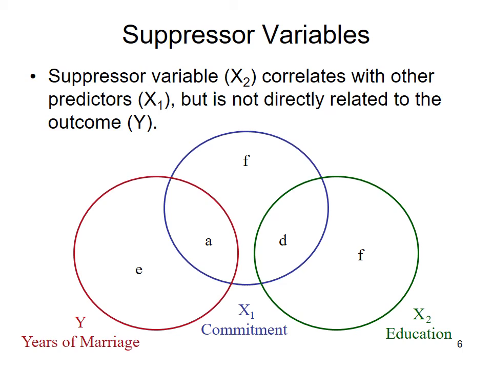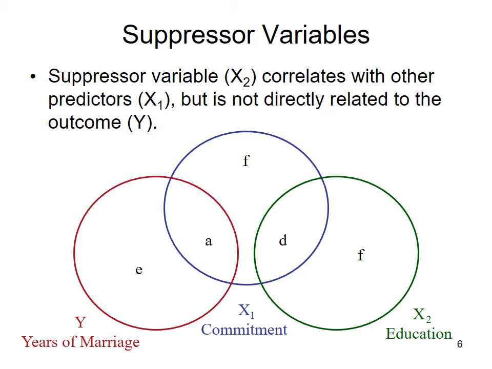And that way we can take a look and say, okay, we know what our outcome is, years of marriage. In the bivariate correlations, how many of these were actually related uniquely, individually, to years of marriage? Okay, if 4 of them are related and 2 of them are not, when we actually run our models, if we find that certain variables are no longer related, that might be an indication of suppression.